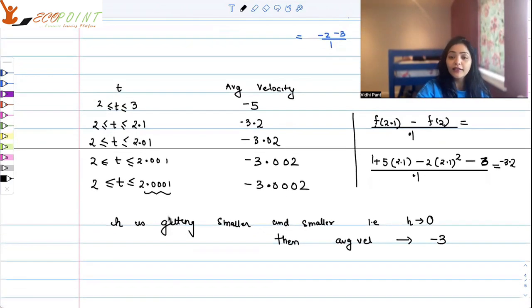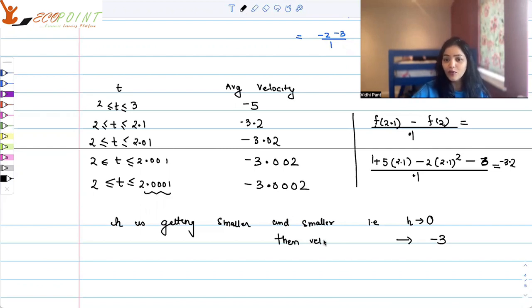So this is not average anymore, because we're so close to 2 that this is almost the velocity at 2. So it will almost become velocity at 2, because it is velocity at an instant. It's called instantaneous. So it's almost velocity at an instant.